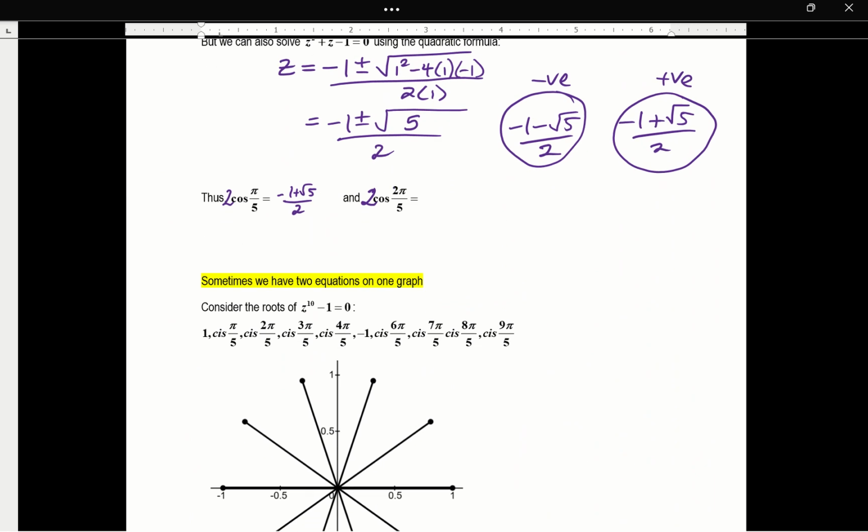That should be a 3 in there. So cos pi on 5 is equal to minus 1 plus root 5 on 4. And cos 3 pi on 5 is equal to minus 1 minus root 5 on 4.